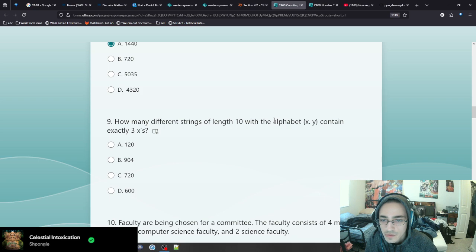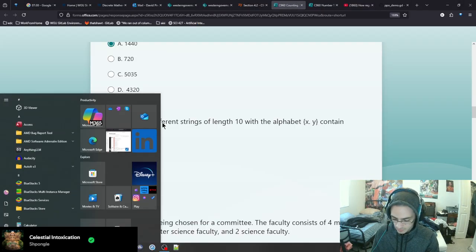I think there's another permutation thing, but this one is a little weird, because the X's can go anywhere in the string, I suppose.